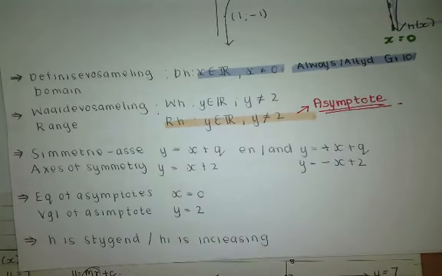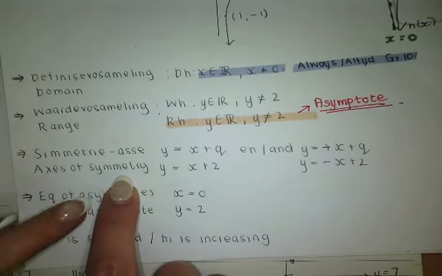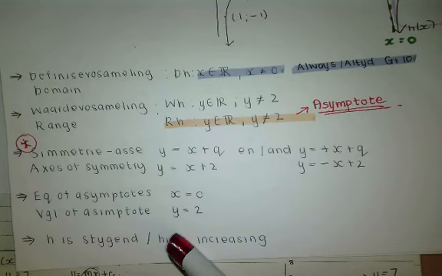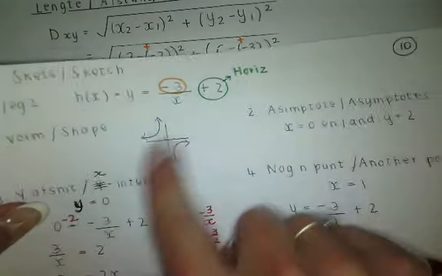Okay? A parabola has an axis of symmetry, that's the x equals 0 line, quadratic. With the hyperbola, we've got 2 axes of symmetry: a positive axis of symmetry and a negative axis of symmetry.